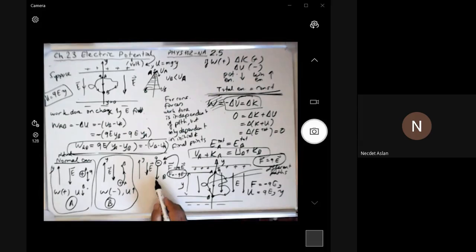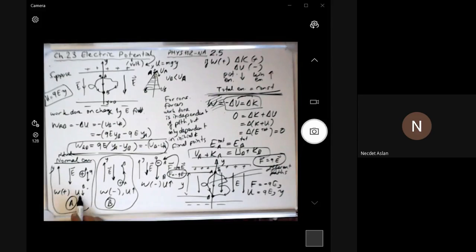So it's not a natural case. If it is not a natural case, is the work done on the object positive or negative? The answer is negative, because something else is doing the work, maybe another external force which is causing the charge to move in the opposite direction to what the electric field would cause. In this case, the potential energy, of course, is increasing.